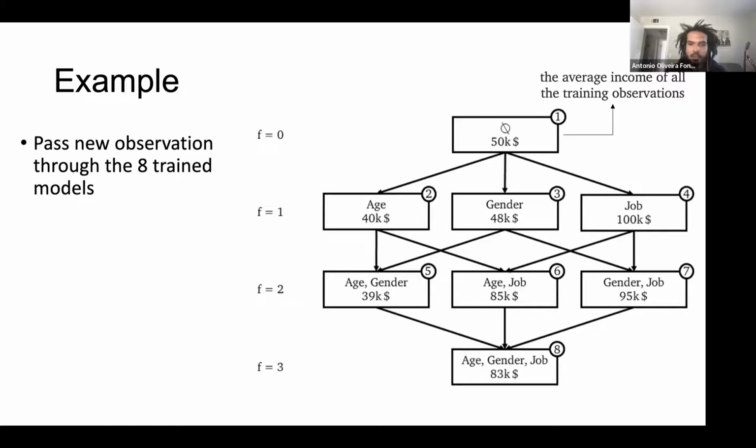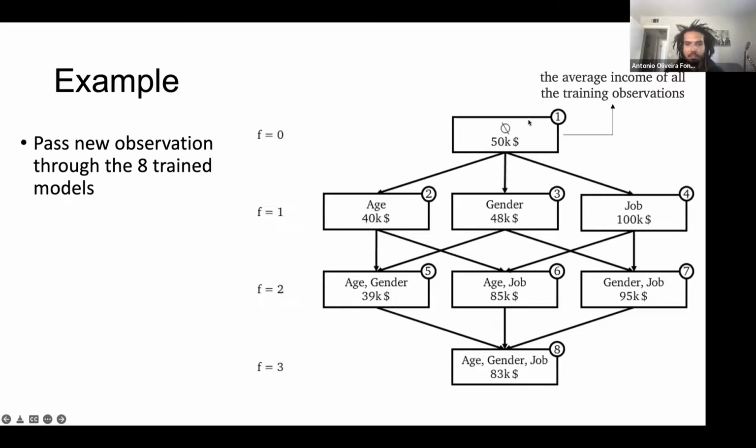And then what we see is, as we progressively add features to that sample, how that impacts the prediction, right? So from the mean value that you have, once we add the age of that specific person, we decrease the salary by 10,000.